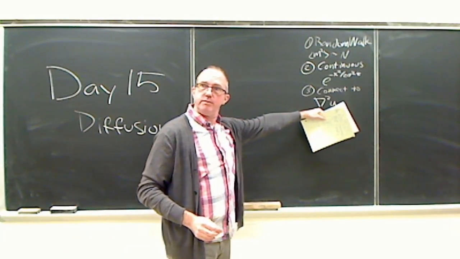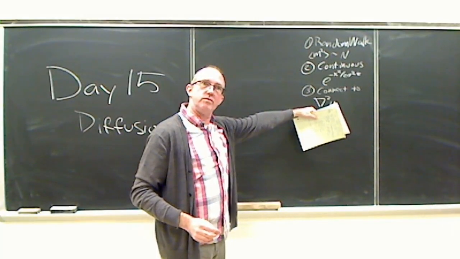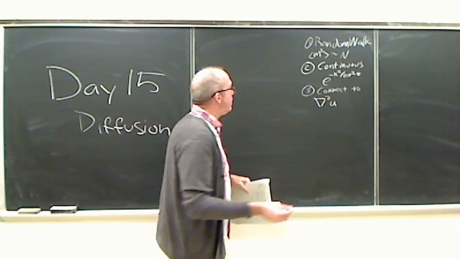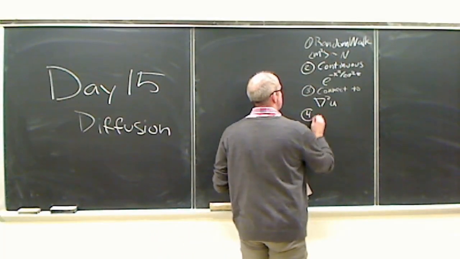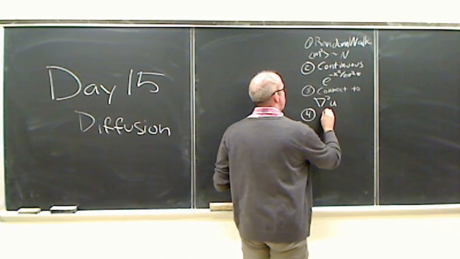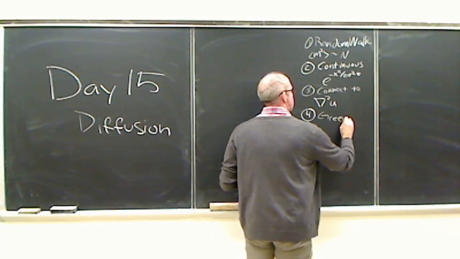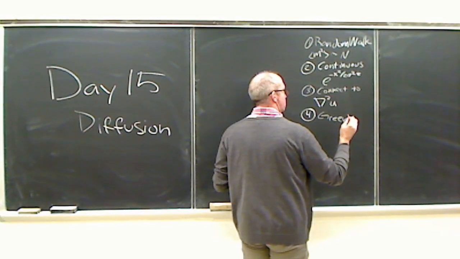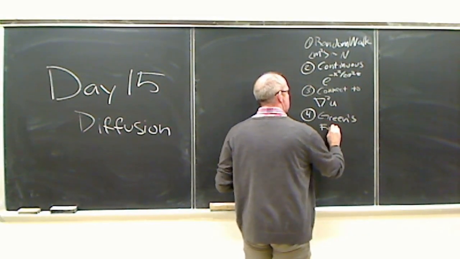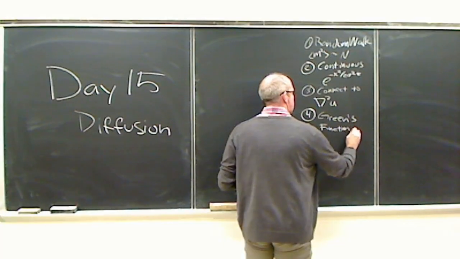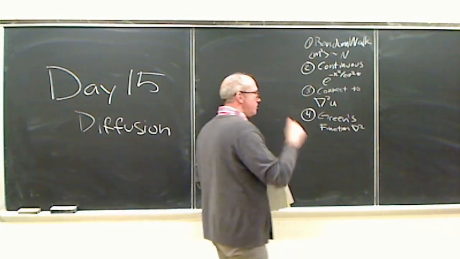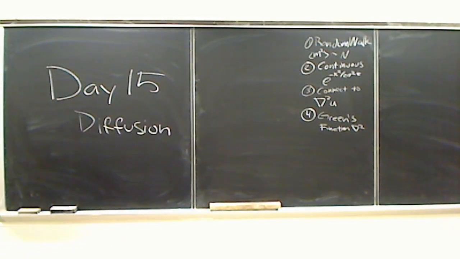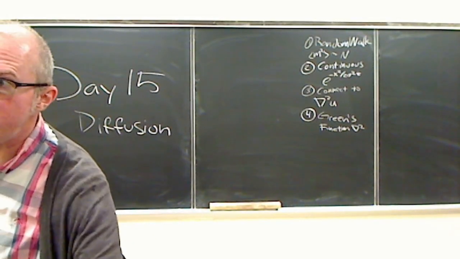Because this del squared operator does a whole lot of things. This is how heat moves around. This is how viscosity mixes things. So del squared is a very important operator. And then, if I have time, I want to talk about the Green's function for del squared. The reason I want to talk about that is because having the Green's function means that we understand the solution space.